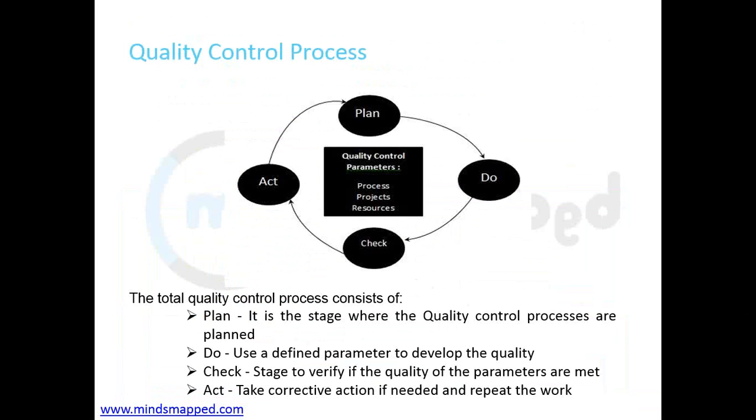But in the quality control process, there are 4 options. You need to plan. Once the planning is done, you start doing the testing or executing the test cases. You check that the different parameters are correct, the functionality is correctly implemented or not.